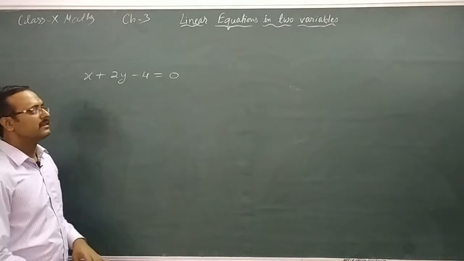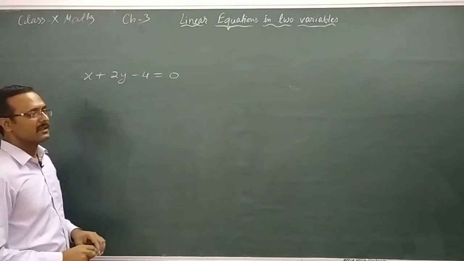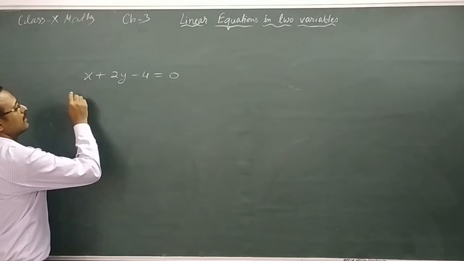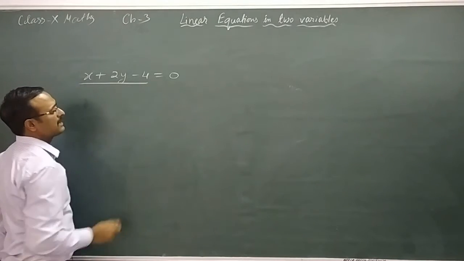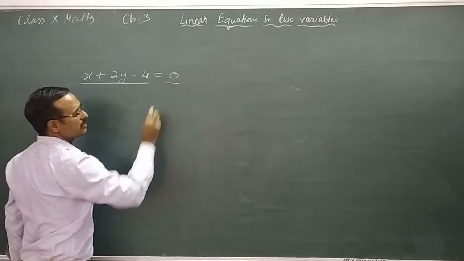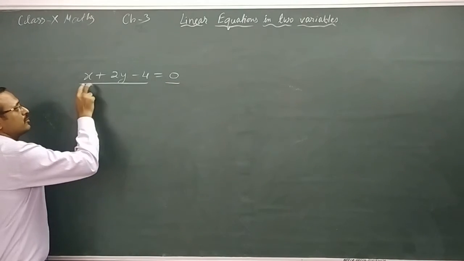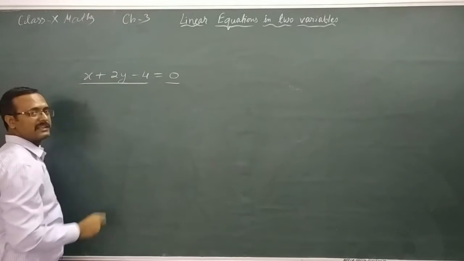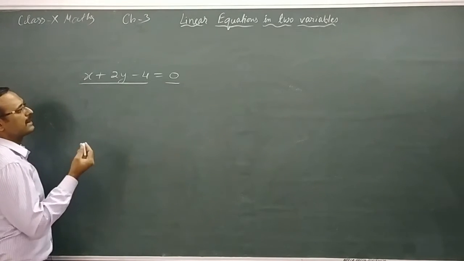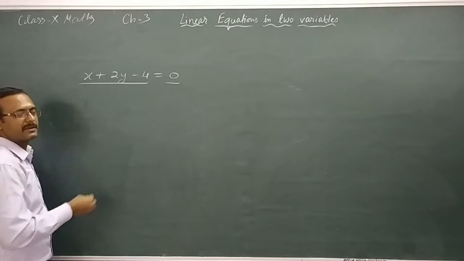Now we will find solutions of this equation. First we will check, is there any solution? The LHS part is x plus 2y minus 4 and RHS part is 0. So you need values of x and y such that the LHS part should become 0. So what can we put here so that LHS part becomes 0?